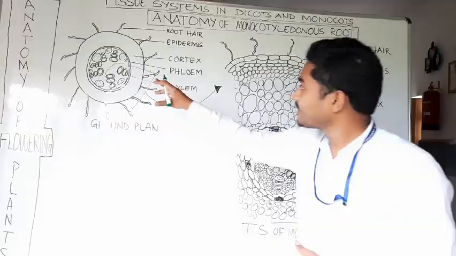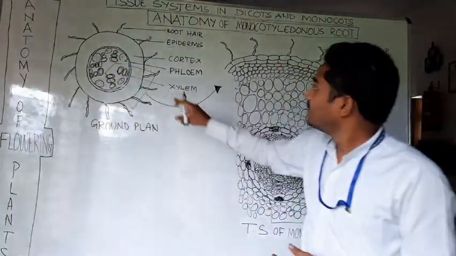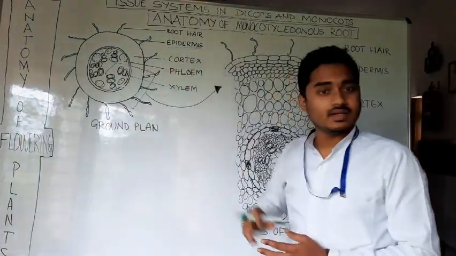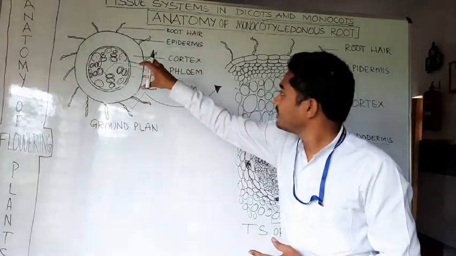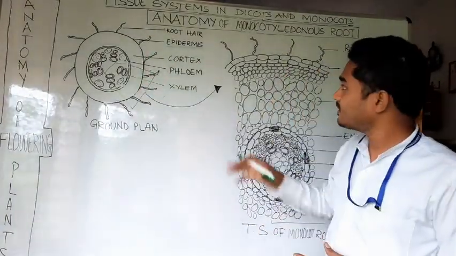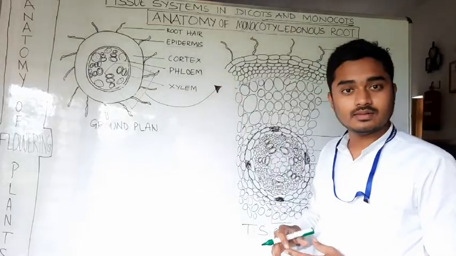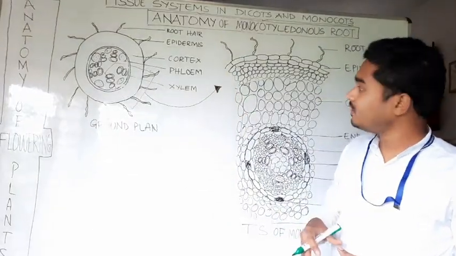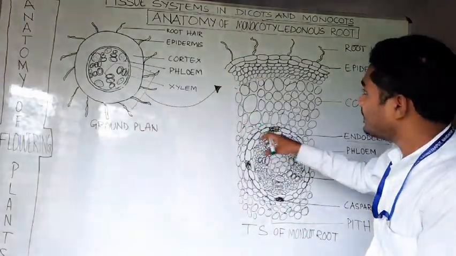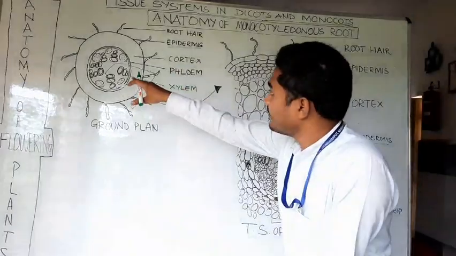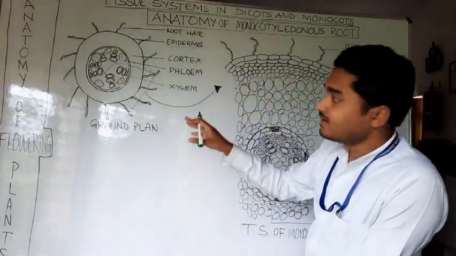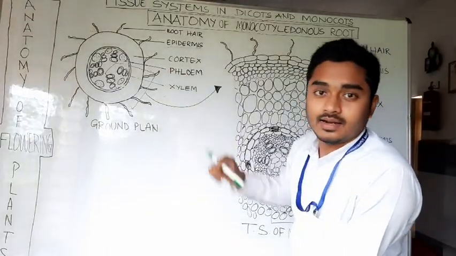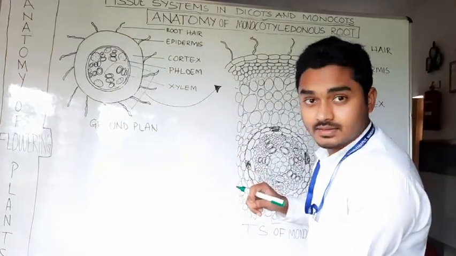Though the root hairs, epidermis and cortex region are there, inside the stellar region, which consists of the endodermis, beyond the endodermis, we will see various patches of vascular bundles. That's why we call this type of arrangement the polyarch condition.